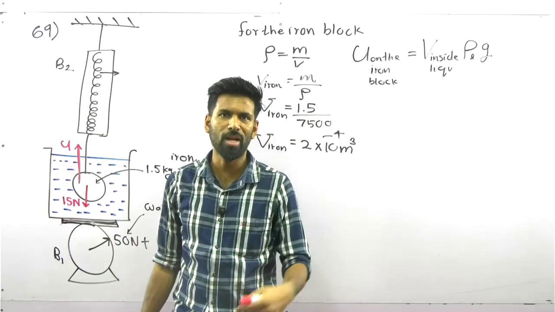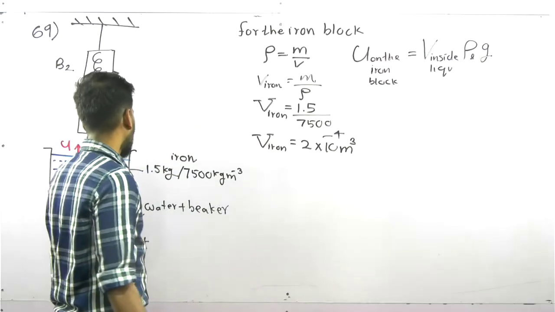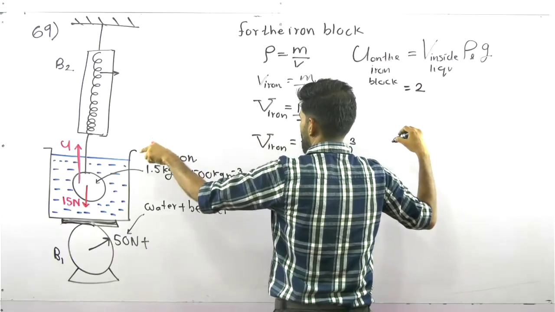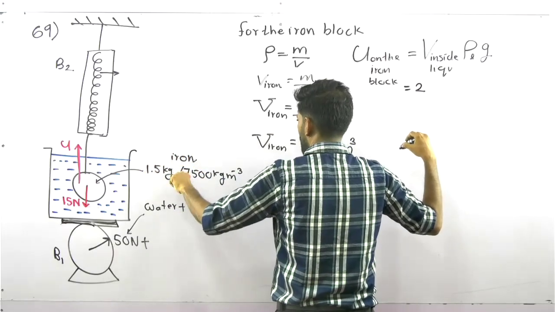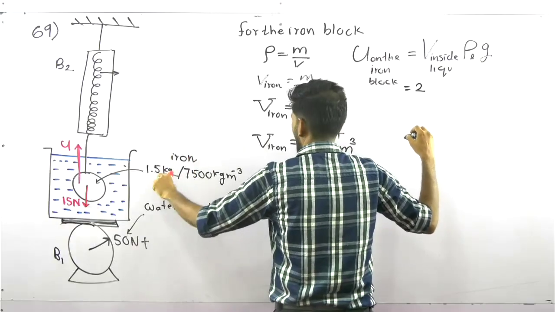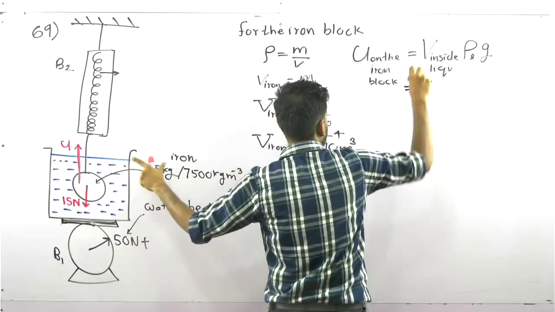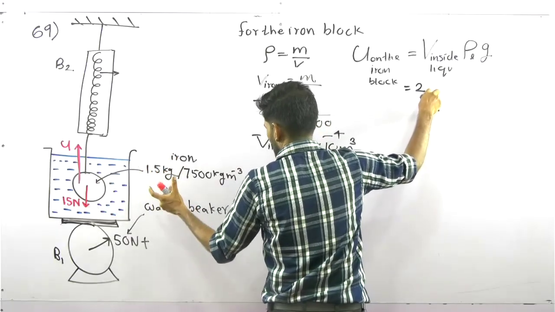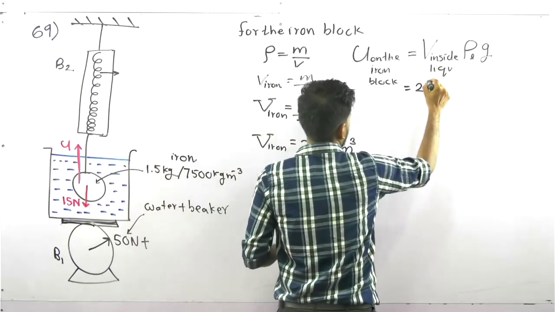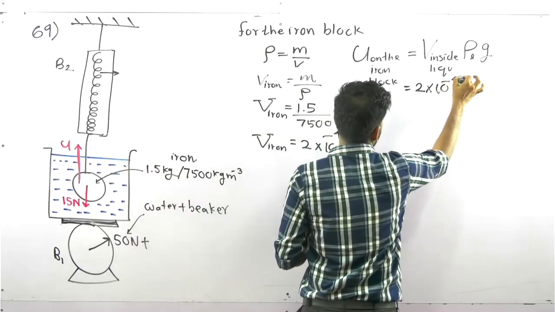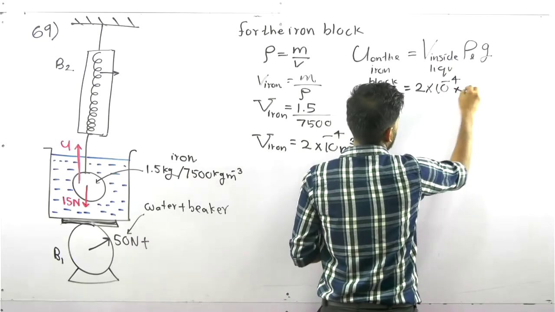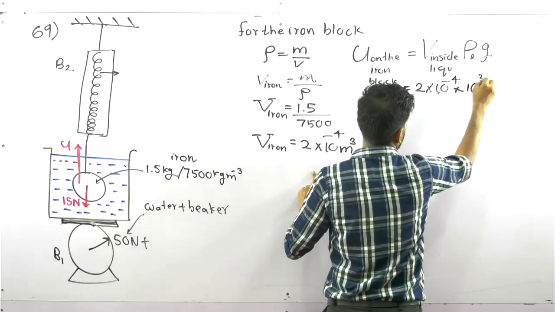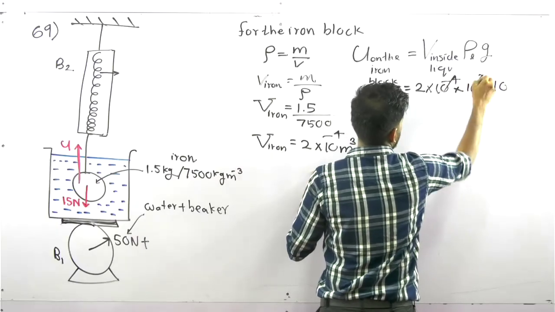It's fully inside the liquid, so that is 2 into 10 to the power minus 4, multiplied by the density of water 1000, multiplied by 10.